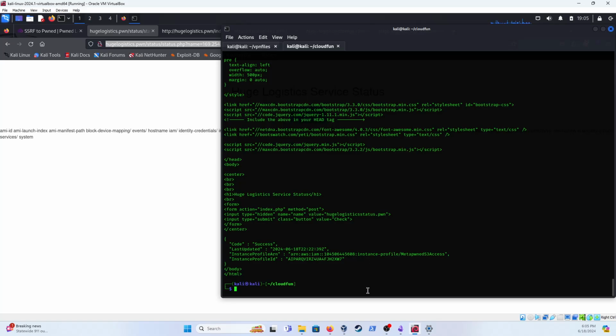We first found that it was an EC2 instance with the metadata, just looking at latest metadata, and then we looked at IAM/info to find any IAM info. Now we're going to go through and do metadata/IAM, but this time with security credentials. So we're looking at the security credentials, and then we'll grab this name.